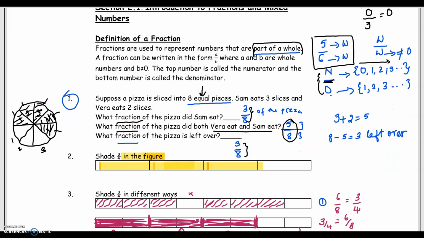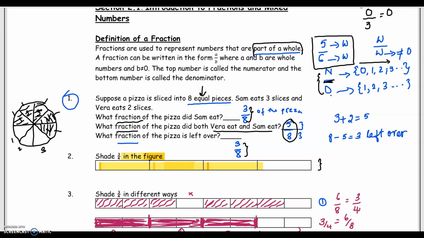Now, if we had to shade 3/4 in the following figure, so we have a whole. Let's say that the bar, the long bar in this question is a whole. Now, if we have to shade 3/4, we have to first divide the bar into quarters. We divide it into 4 equal parts.